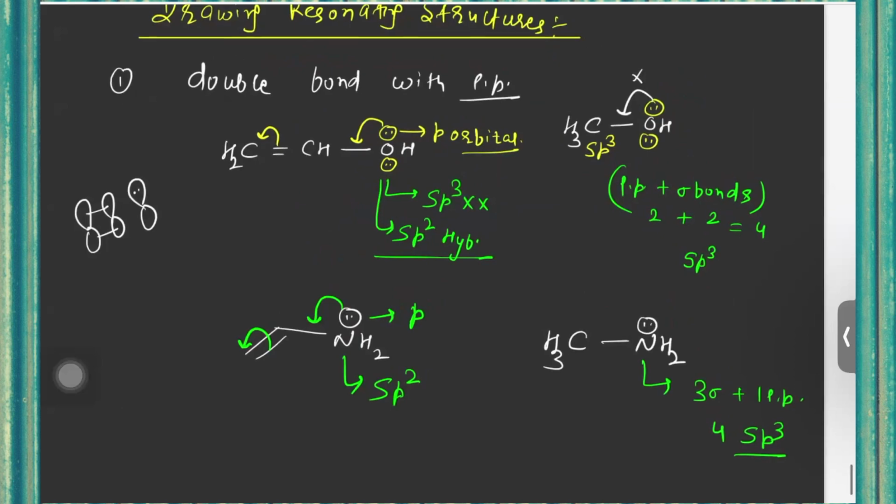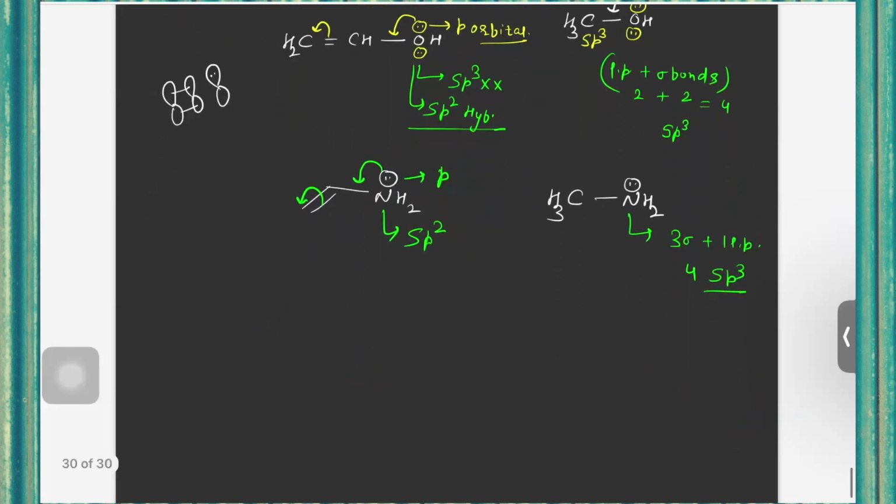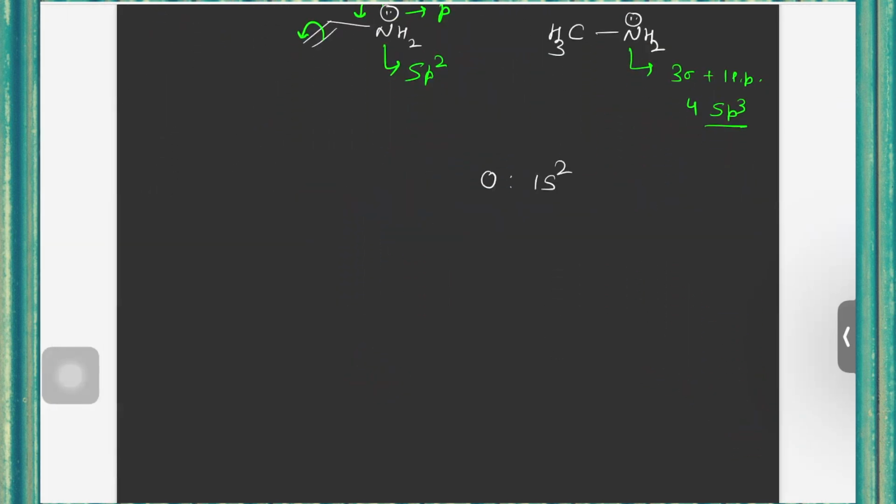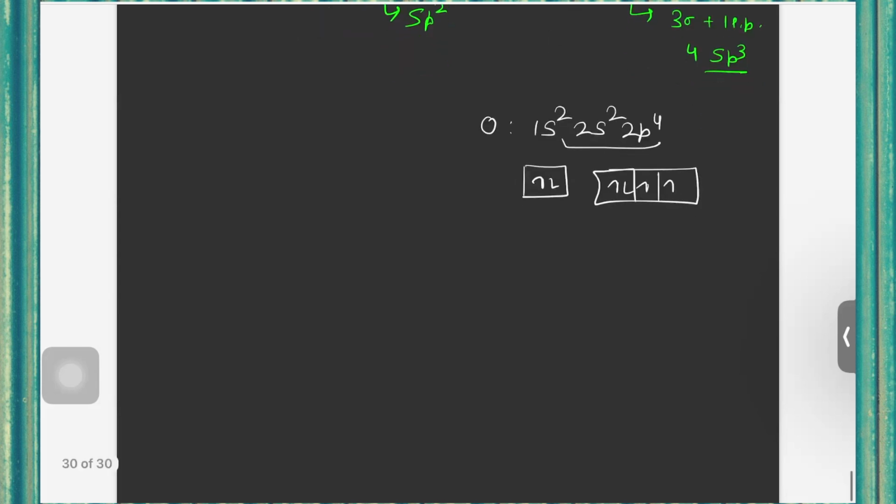Okay. See, beta. Suppose this oxygen's configuration is 1s2, 2s2, 2p4. This is the valence shell. In the valence shell, you can write the electronic configuration in that way, right? If this p orbital is used in making the pi bond, then since hybridization is mixing of orbitals, you have only 3 orbitals left for mixing.